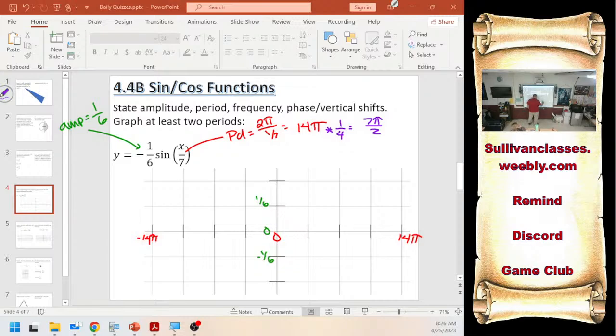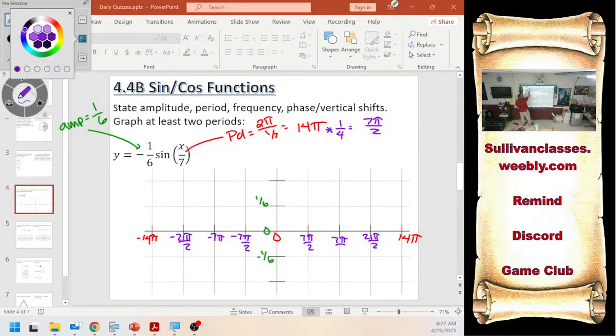So we'll go from 0 to 7 pi over 2 to 7 pi, and then 21 pi over 2 or 14 pi, and their negative counterparts. And then it's just a good old sine graph.